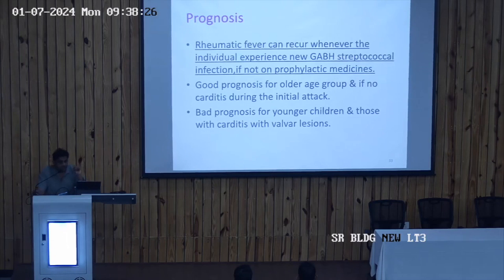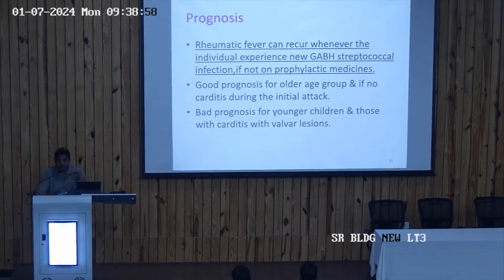Now the prognosis. Rheumatic fever can recur when the individual experiences a new streptococcal infection with other serotypes if the patient is not on prophylactic medicines, so prophylaxis for secondary prevention is mandatory. Prognosis is good for older age if there is no carditis during the initial attack, and bad for younger children and those having carditis or valve involvement at the time of the initial attack.